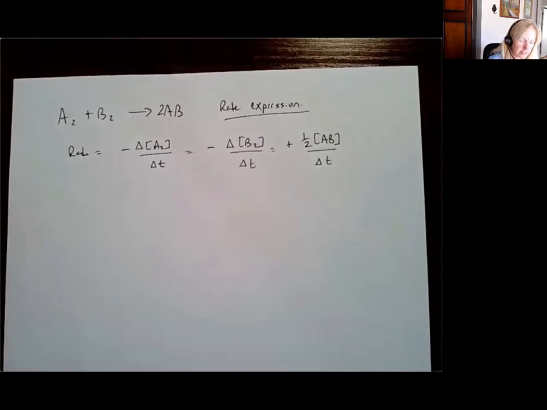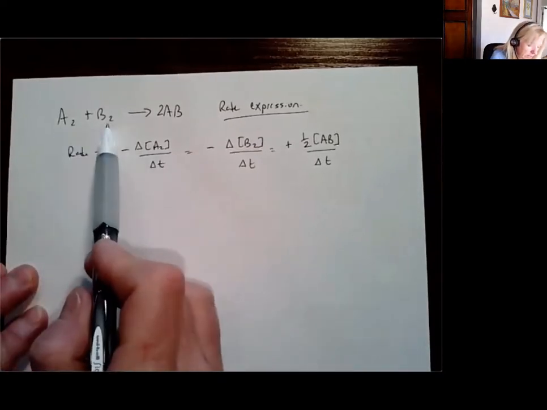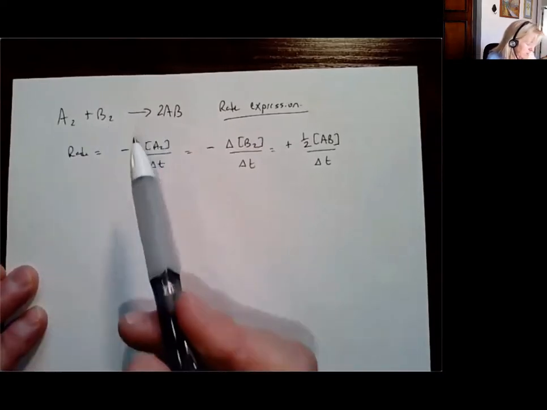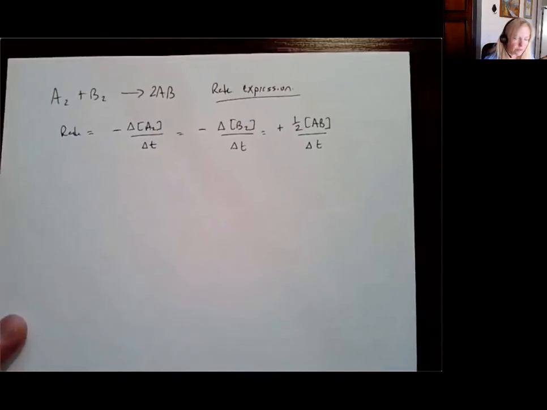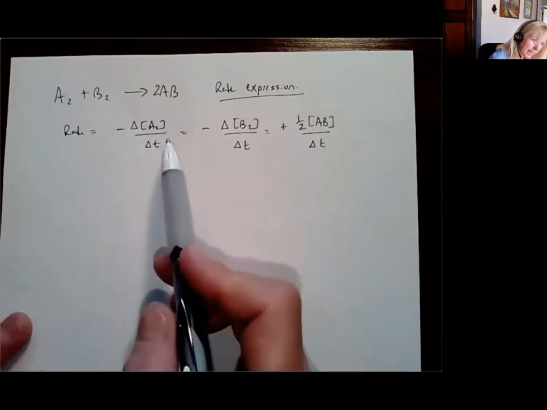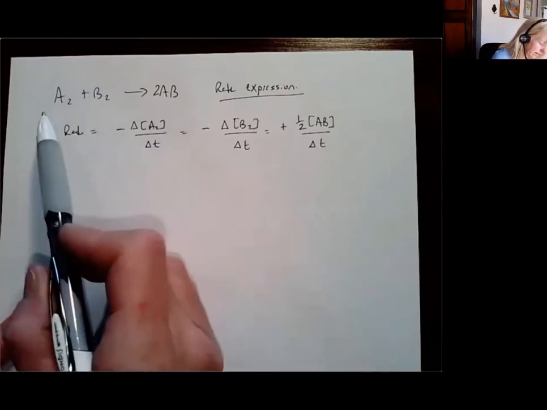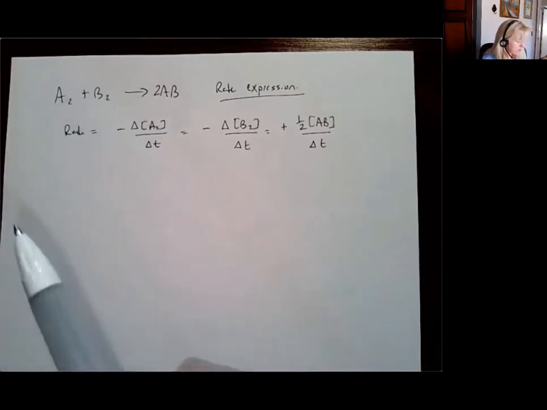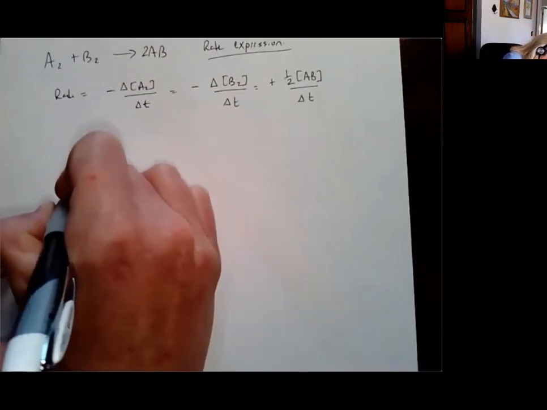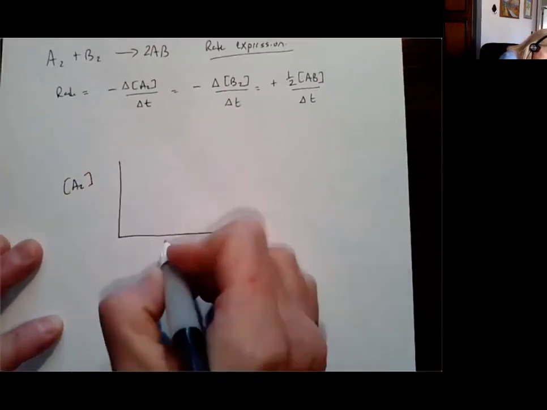This implies that as one of these goes, 2 of these are formed. But life is messy. This may be the case, that as this decreases, this is formed, but this could also not be the case. So what if I looked at this reaction, I looked at A2, for instance, versus time.